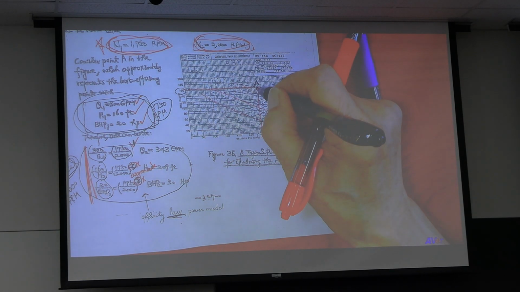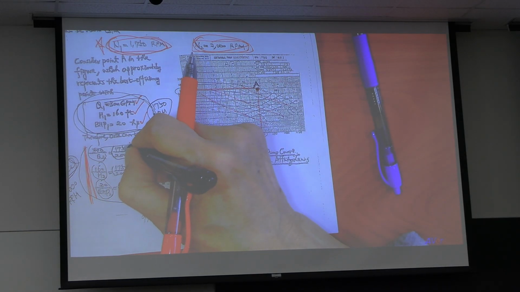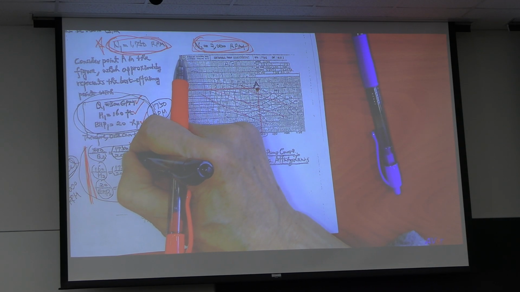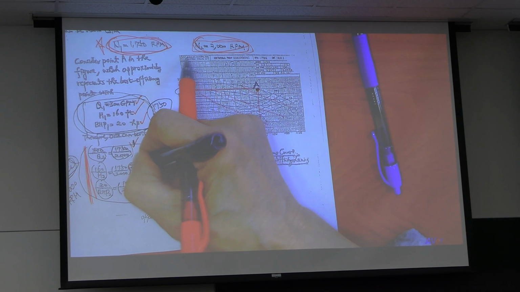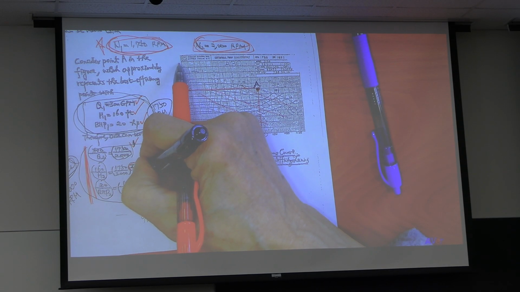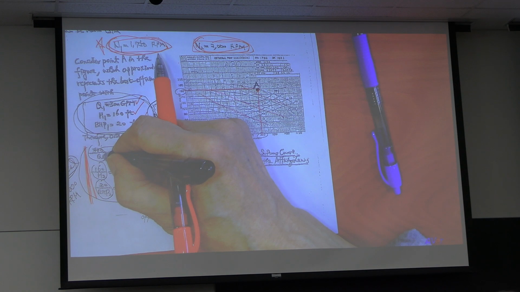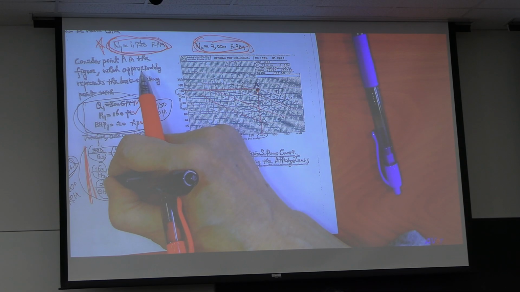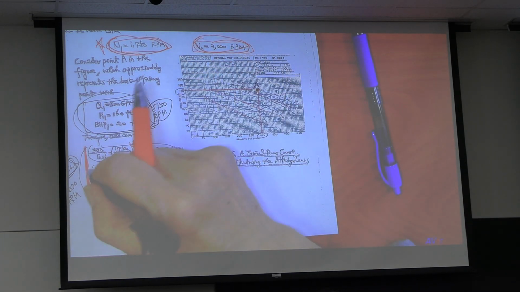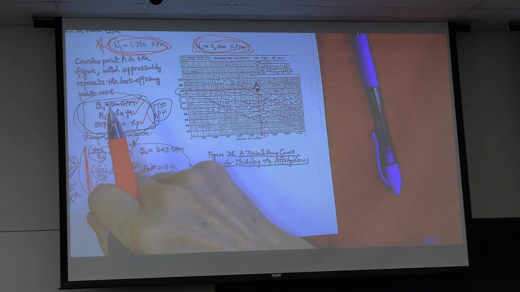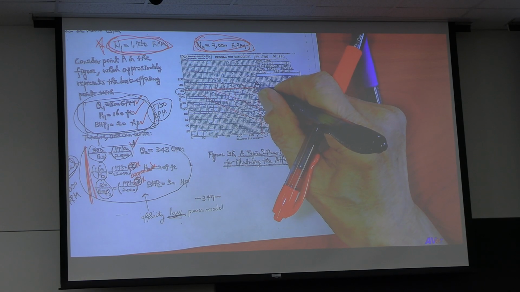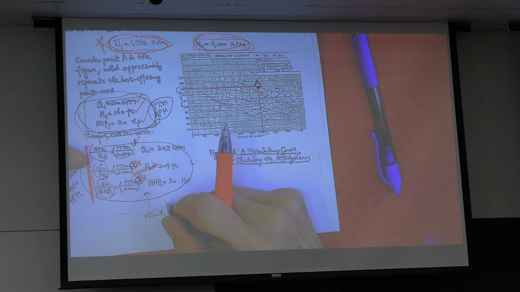What do you do? 1750 RPM versus 2000 RPM. Linear, square, third power. Pumping rate, Q1, Q2. Head, H1, H2, brake horsepower, BHP1, BHP2. You calculate this, that will be the new operating point at 2000 RPM. That is called affinity law.